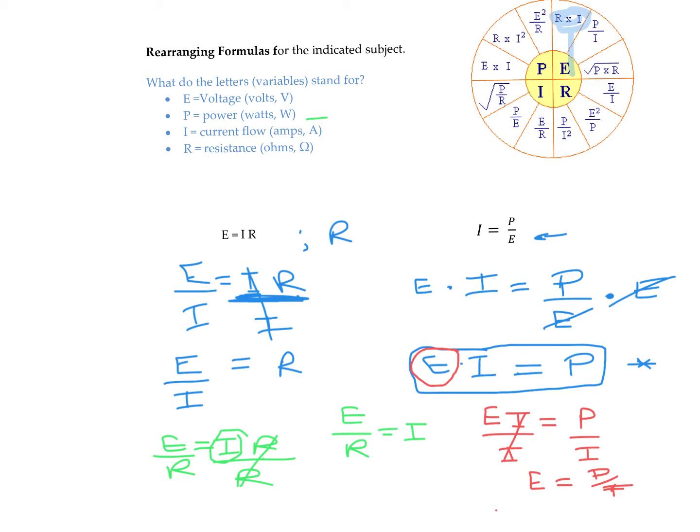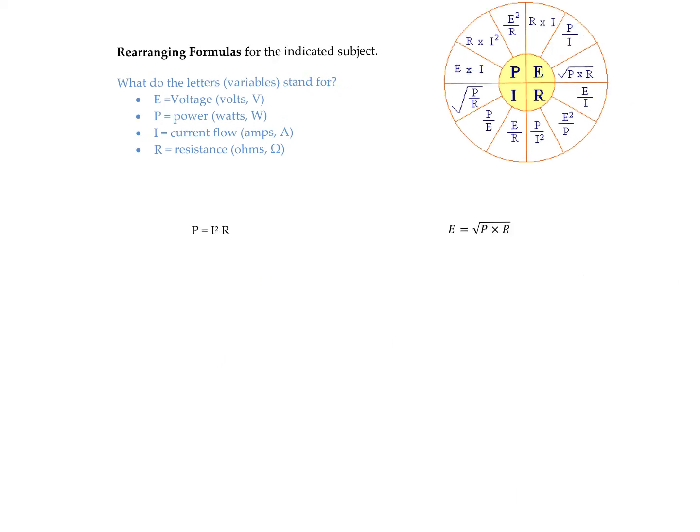If you want to find E, you can use this one, P over I. There's a second version. If you want to solve for P, power can be E times I, right here. If you want to solve for R, and so on, we solve it to be E over I, right here, and so on. The next page has two more formulas and another principle for us to learn.